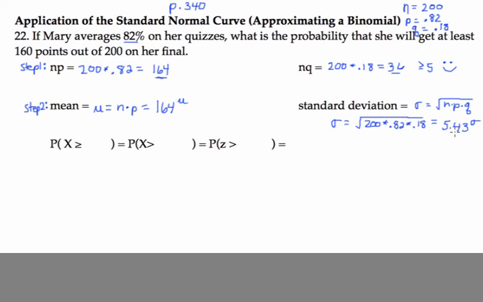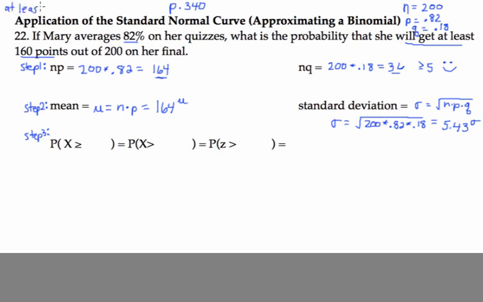Next, step 3. Write the problem using X notation. So step 3, that's right here. This one's a little tricky. It says she will get at least 160. What does at least mean?